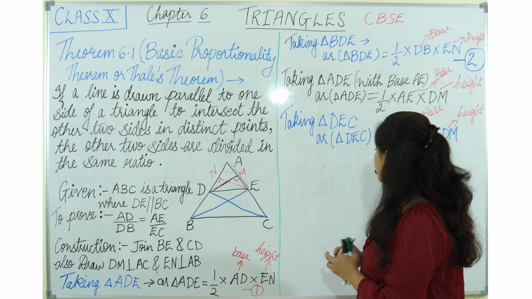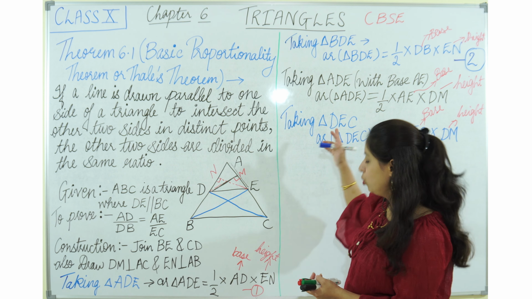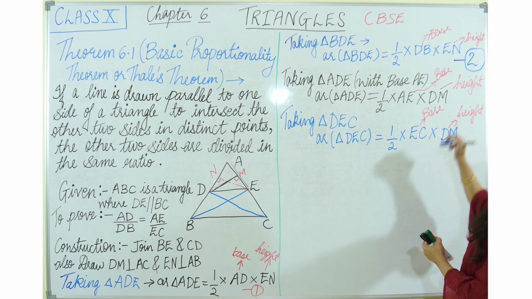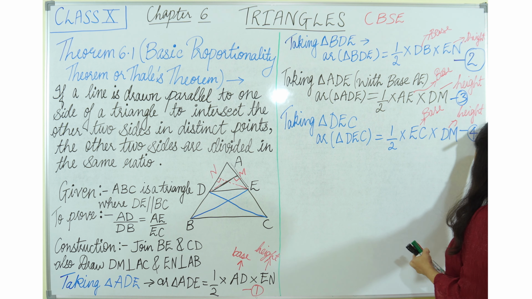Okay, so let us divide 1 by 2 and 3 by 4. This is equation number 3 and this is equation number 4.